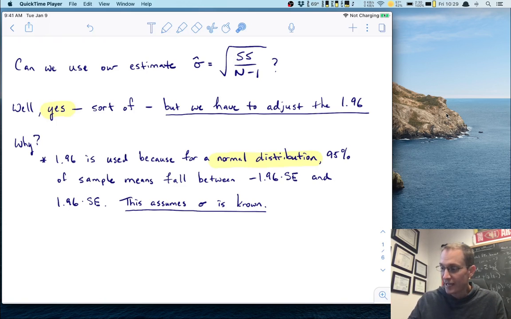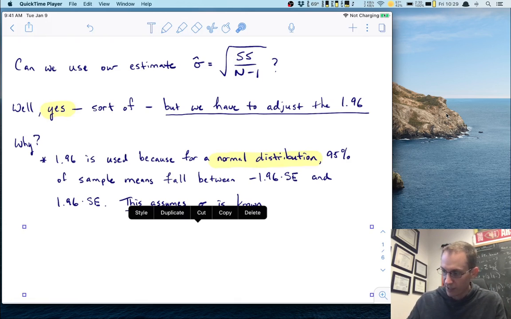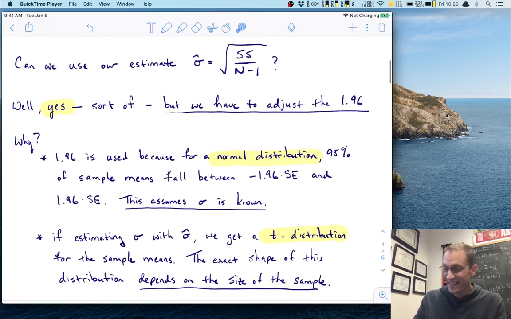Now remember, using a normal distribution for this distribution of sample means assumes that you're given a value for sigma. But when you're not given a value for sigma, and you have to instead estimate it using this sigma hat, remember we no longer get a normal distribution, but instead we get a t-distribution for the sample means.